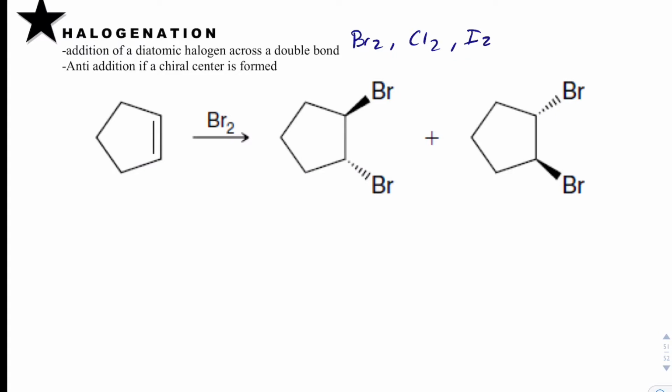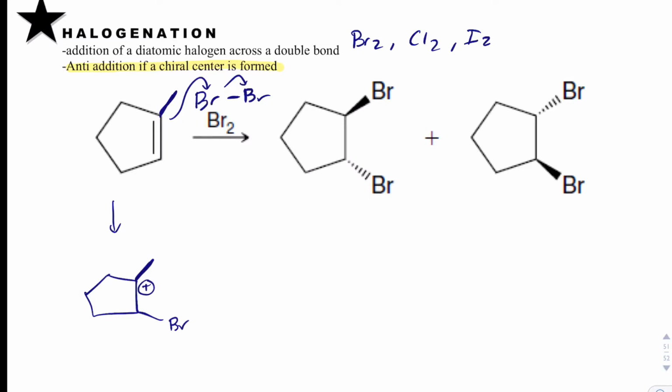And we are going to add a diatomic halogen across a double bond, and it's going to be anti-addition. And here's why. This makes a lot of sense, hopefully. We're going to attack a bromine, and here, let's add a methyl group just because that way we know that we're going to add the first bromine to the least substituted.